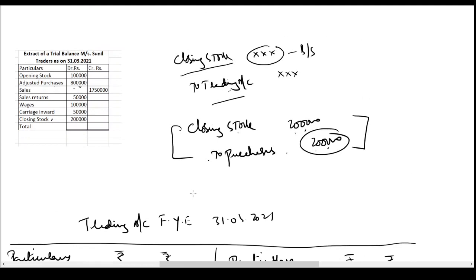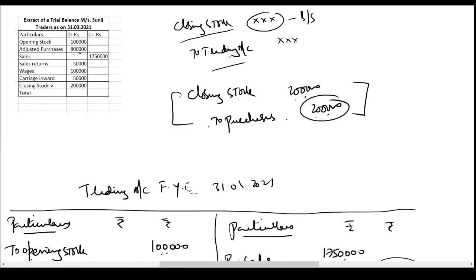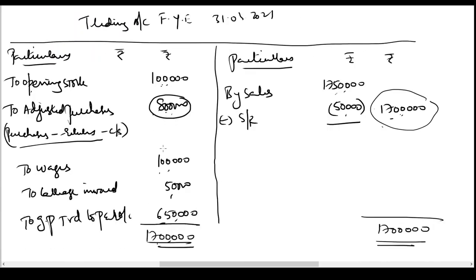So the point you have to understand is that when closing stock is given inside the trial balance, we have already passed an entry, closing stock account debit to purchases. Purchases is after subtracting closing stock. Such purchase is called adjusted purchases. In such a situation, when closing stock is already given in the trial balance, it should be shown only in the balance sheet, and we should not credit the trading account again because it is already subtracted from purchases.